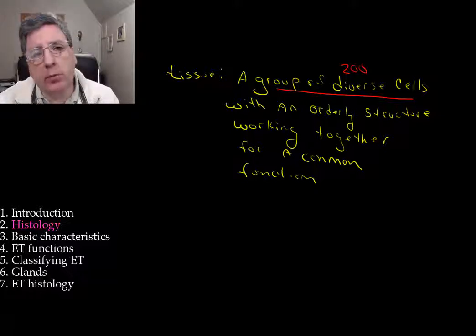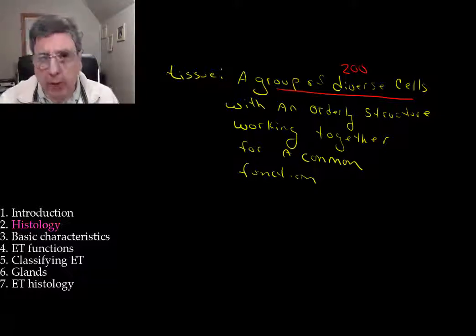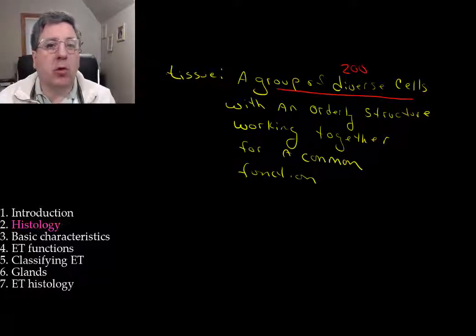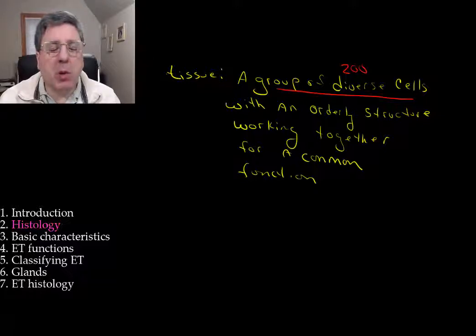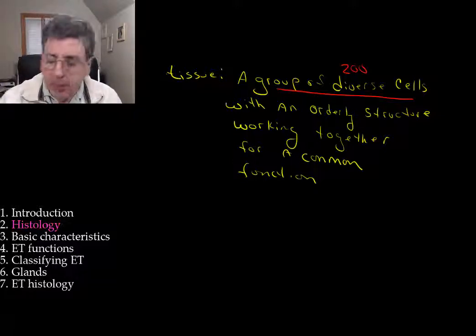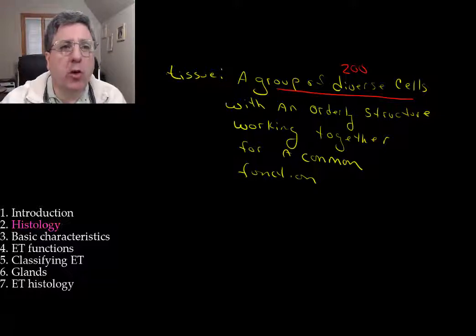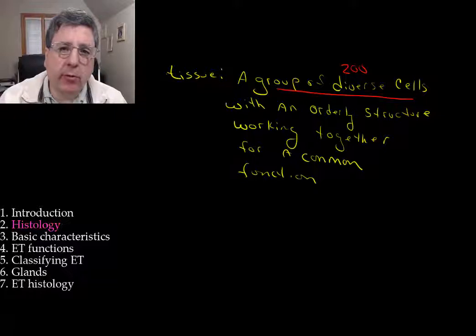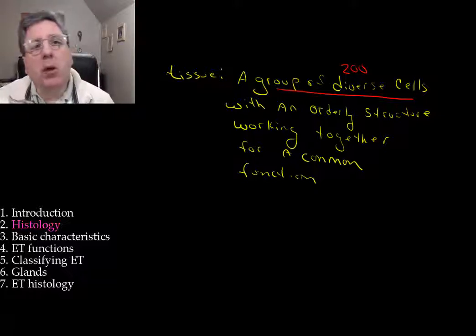So if you look at white blood cells, there are different types of white blood cells, and you can break those down into subcategories. So for the most part, what we're looking at are the 200 different types of cells. Now, those cells have to work together to form a common function, okay?